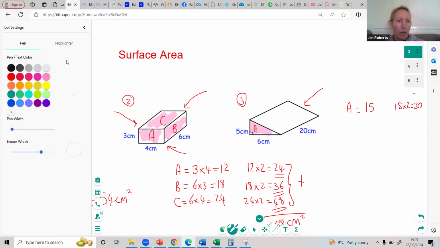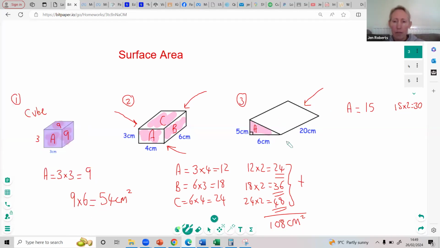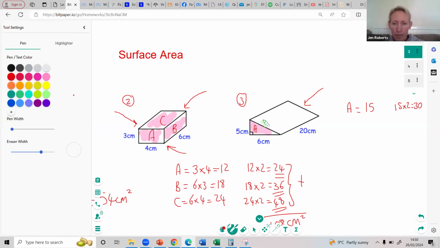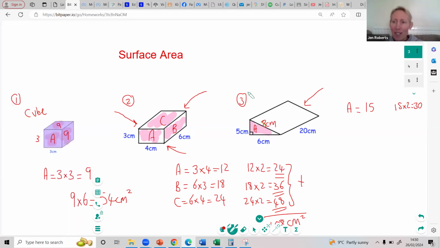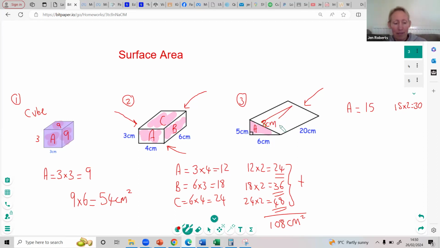Okay, now what about this face here? Sorry, let me just give you another dimension here, 1 second. I'm going to give you that length here is 8 centimeters. Let's put it in a colour you can actually see. Okay, so we're going to look at this rectangle next.